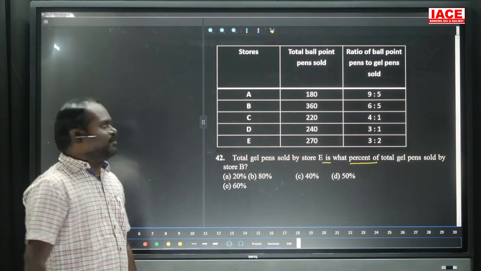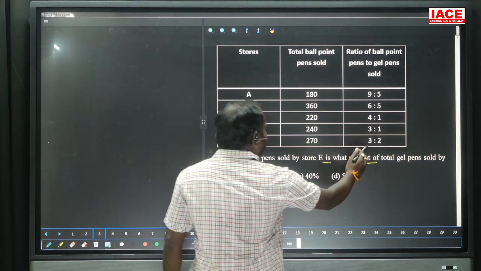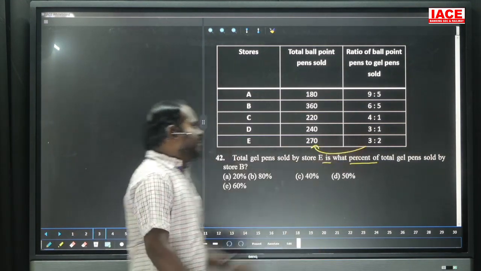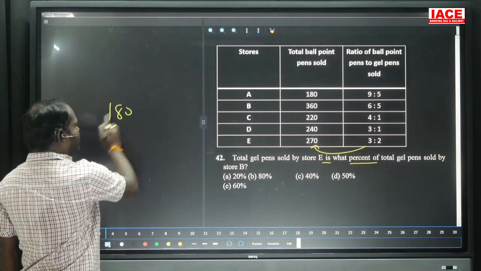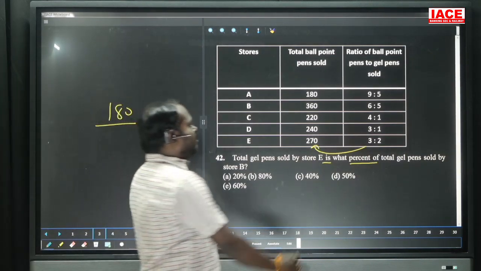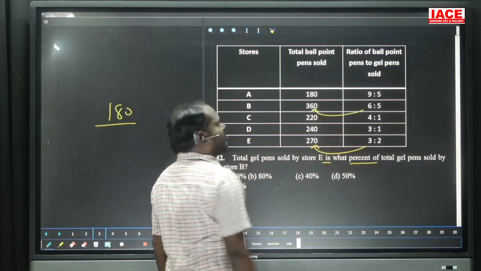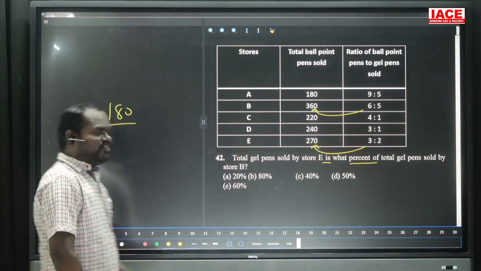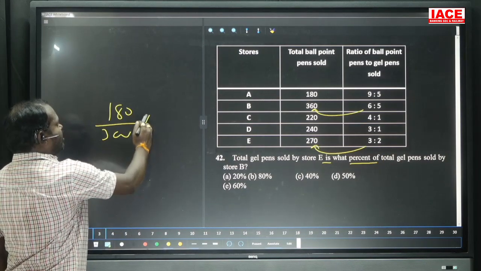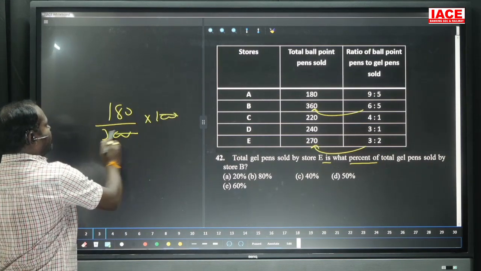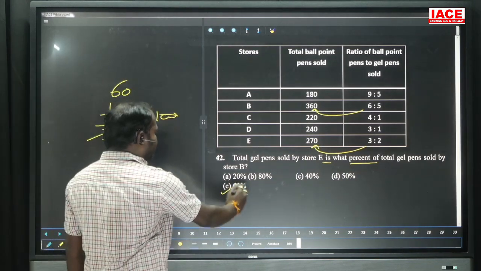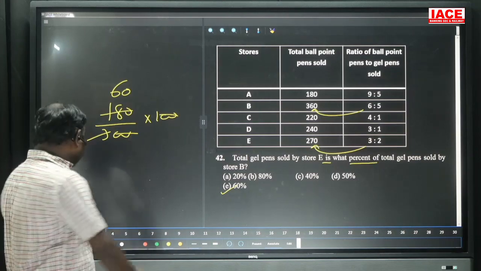Whenever the term is 'of', it is by, into 100. For E, 3 parts is 270, so one part will be 90, and 2 parts is 180. For B, 6 parts is 360, so one part will be 60, and 5 parts is 300, because the gel pens are 300. So 180 by 300 into 100 is 60 percent, option E.